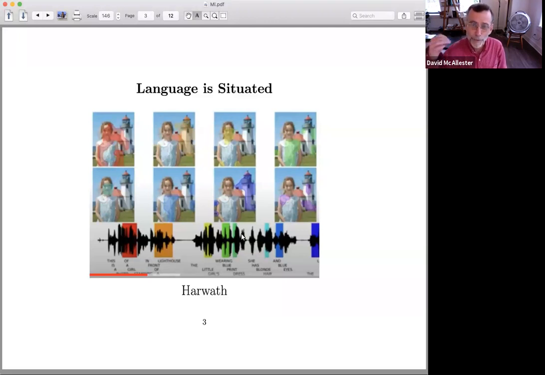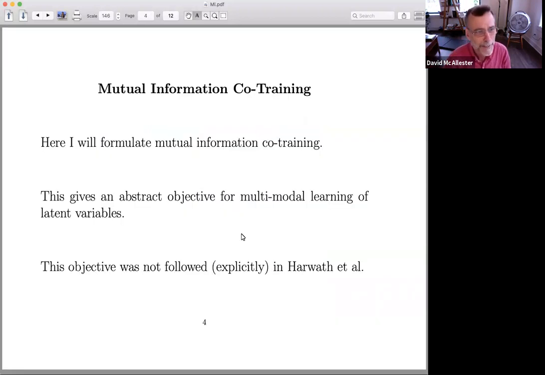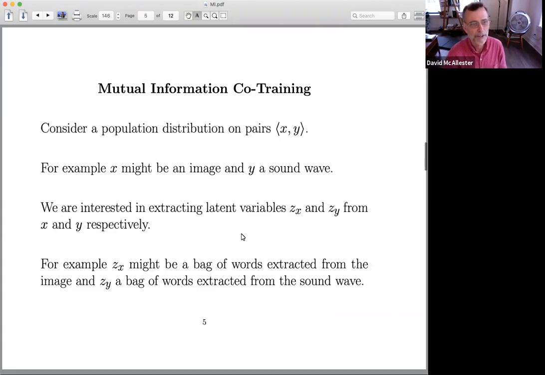We're going to formulate that formally as a mutual information learning objective. I'm about to do the formal, abstract treatment. This abstract treatment was not explicitly followed by Harwath, so this is sort of a rationalization.